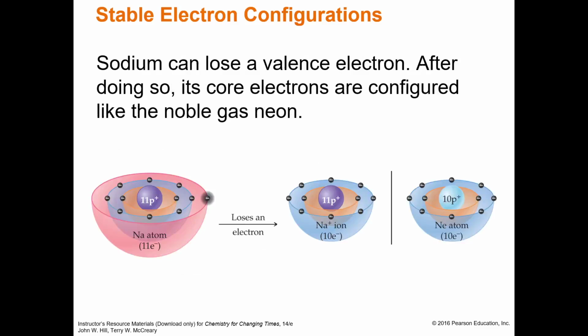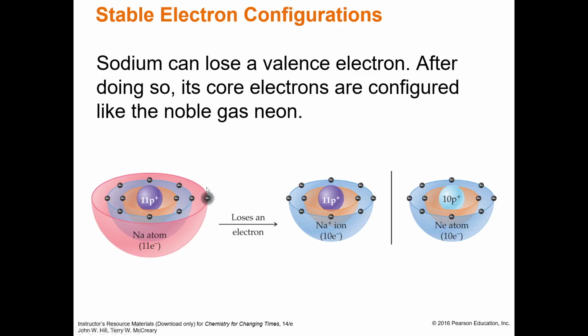And that is actually true if you're curious. So sodium here can lose one valence electron. After doing so, its core electrons are then going to be configured like the noble gas neon. And so right here's a sodium. It only has one electron in this higher shell. See this outer shell.